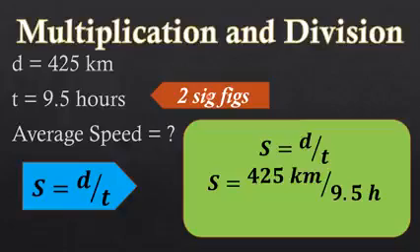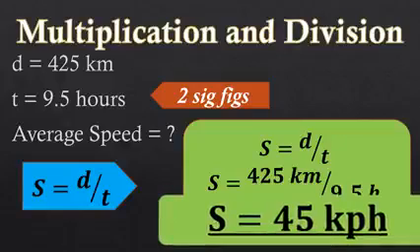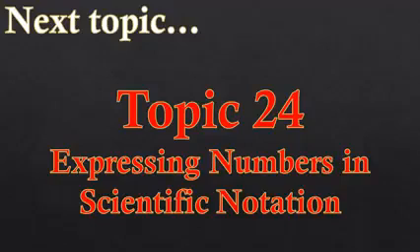Okay? So this is not the final answer yet. Dapat yung magiging final quotient must possess 2 significant figures. So instead of 44.7368 kilometers per hour, our final quotient is 45 kilometers per hour. And this is the final answer. So this is the average speed of the car. So next topic 24, expressing numbers in scientific notation.